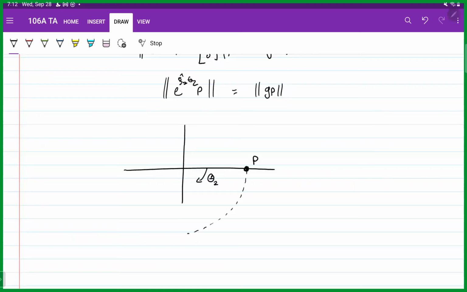So how do we actually figure out where this point is going in space? All right, well, let's see what that might be. So we know that this distance right here is going to be the norm of this vector P, right? Because that's going to be the same distance as it was from here to here. We're just taking this thing and we're moving it around. Now we can use trig to figure out what the different components of this are going to look like, okay?